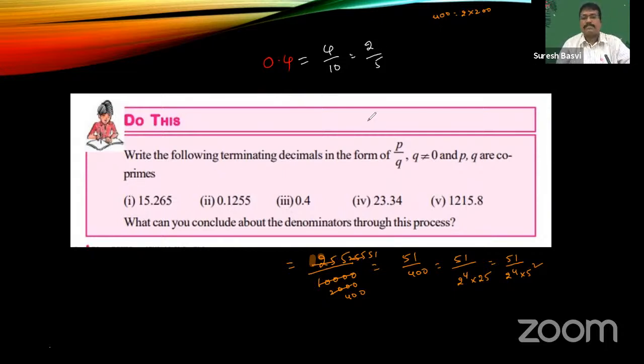Next 23.34. 23.34 is nothing but 2334 by 100. So this is nothing but just like this.